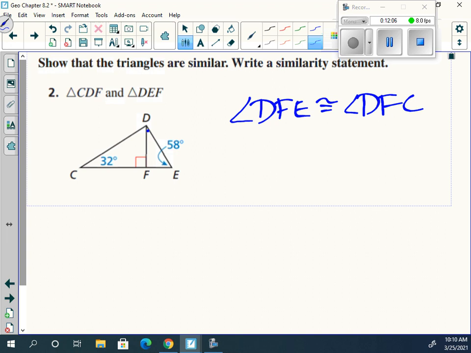Because we have DFE, DFC. Those are both 90 degrees. Now we need to either find CDF or EDF. We need to find one of those two.